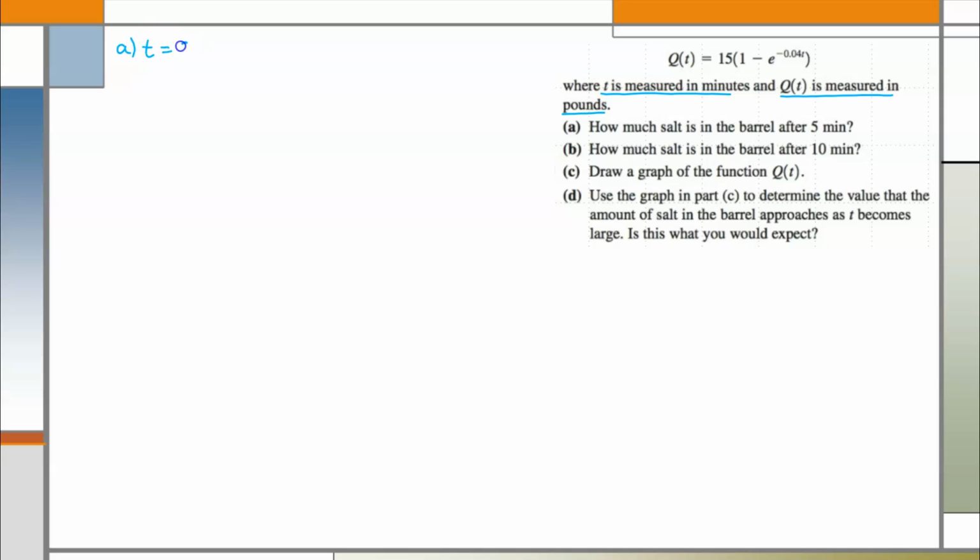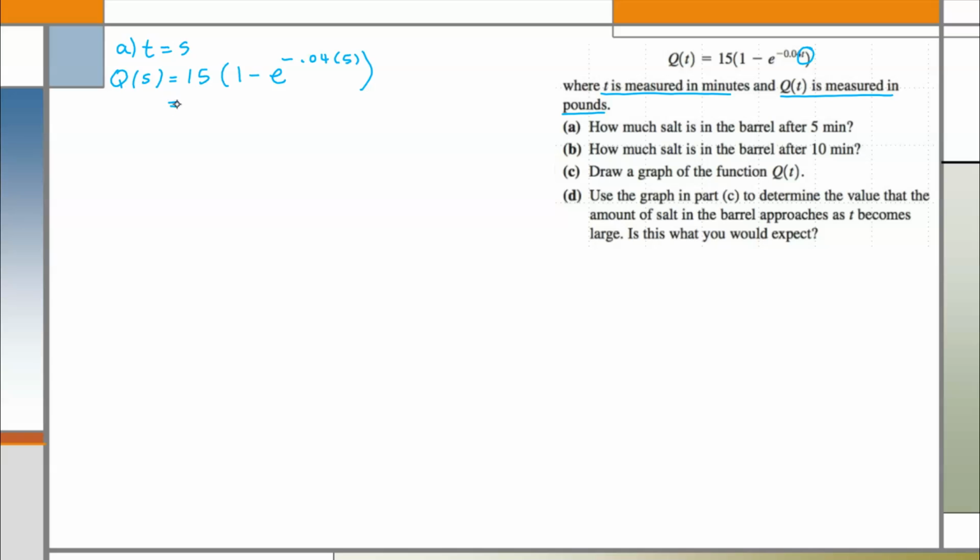The amount of salt after 5 minutes can be found by taking 15 times 1 minus e to the negative 0.04 times 5. We're just going to replace time by its value.